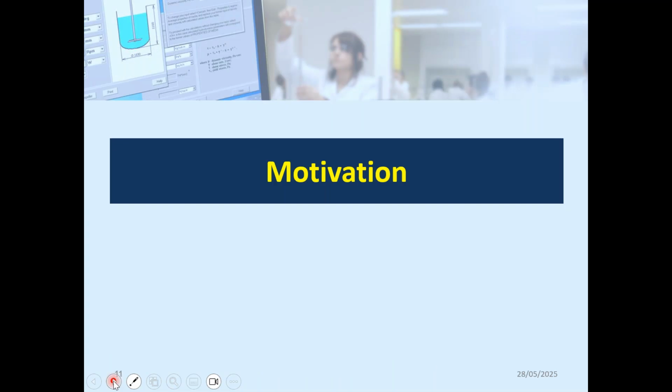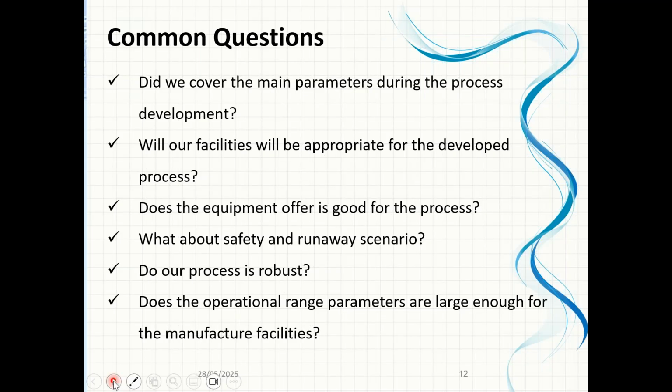As you remember well, the motivation for the use of the software is simple. Once we have some question coming from the management regarding the request to generate more material, or transfer the process to another site, or design new equipment, we have a lot of questions.